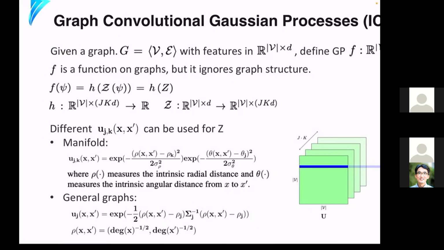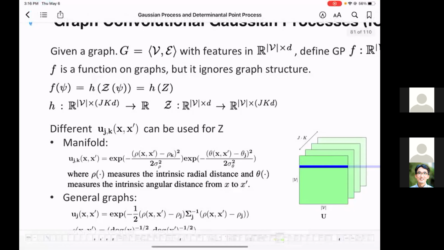It's like the choice of kernel functions for the Gaussian process. For different purposes, we can choose different U. They give this example because it is a good U function that can apply on manifold. It follows the same family, but the J and K define some sort of hyperparameter, for some rho, theta J.